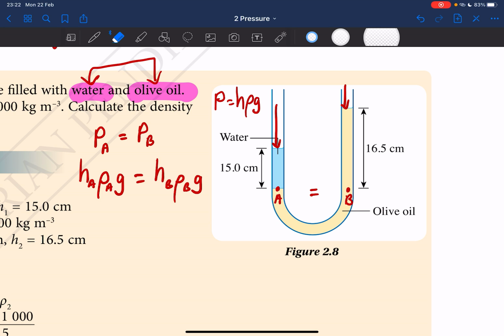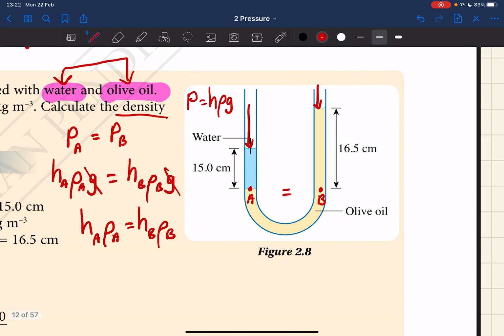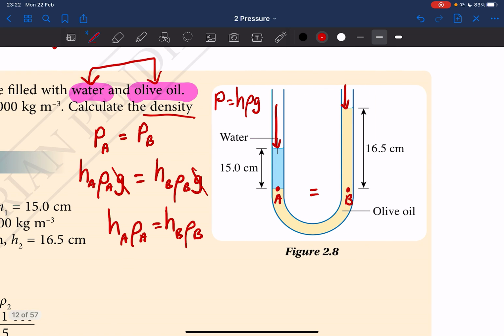Now let's see. Here also we have G and G, therefore we can cancel out each other. And lastly, we only get H_A rho_A equals H_B rho_B. The question asks to calculate the density of the olive oil, so the question asks to find rho_B.